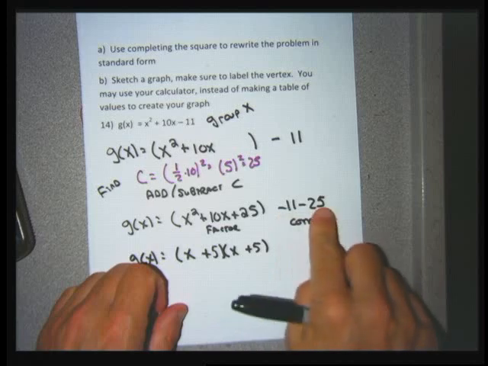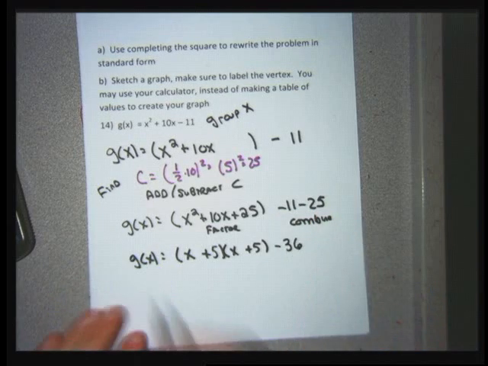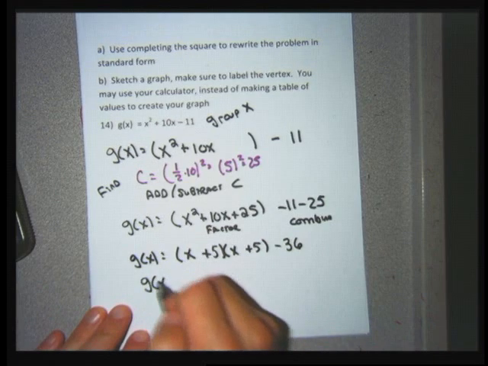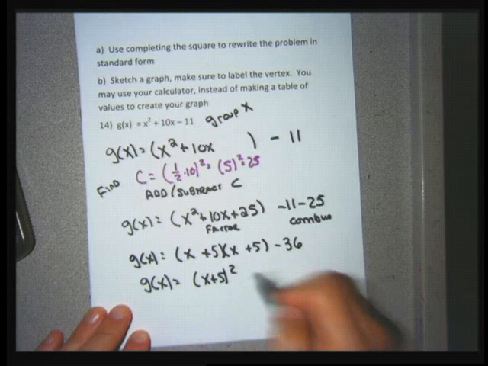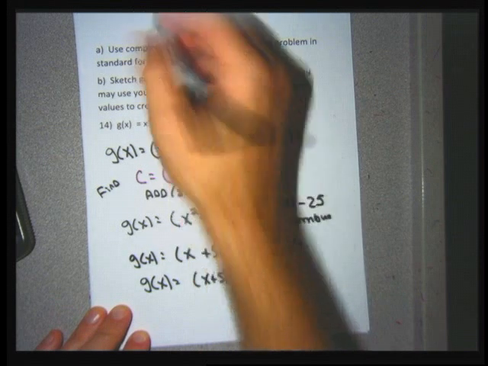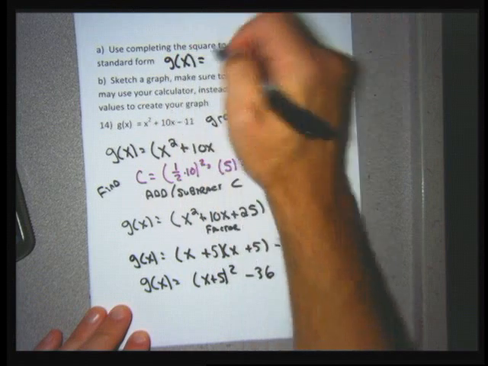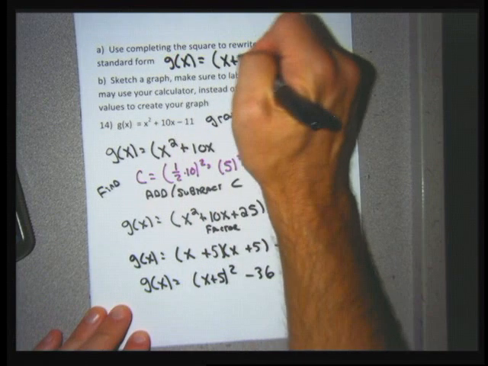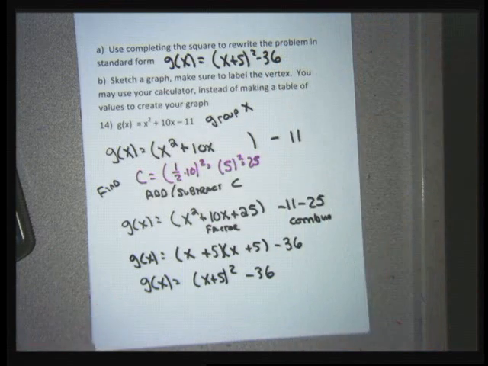The minus 11 minus 25 combines to be a minus 36. So this gives me, if I write this nicer, (x plus 5) quantity squared minus 36. So now I'm done with part A. This is using completing the square to write the problem in standard form. Now I'm going to graph this, and I'm going to have to be clever with my window.